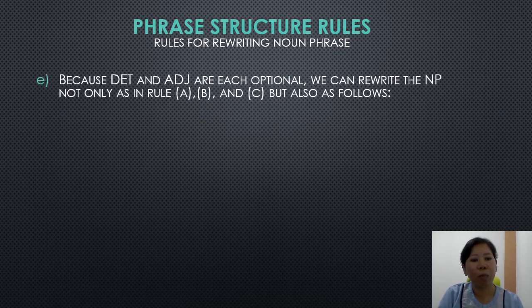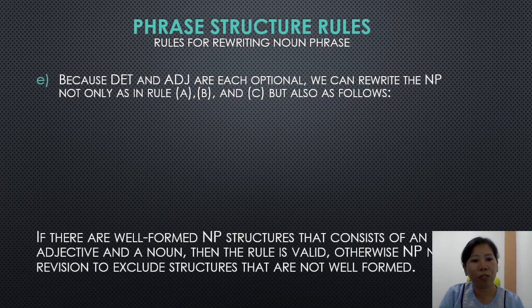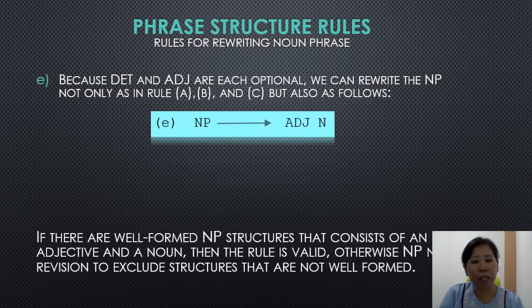Now, let's move on to the 5th rule for rewriting a noun phrase. Because determiner and adjectives are each optional, we can rewrite the noun phrase not only as in rules A, B, and C, but also as follows. A noun phrase contains an adjective plus a noun.